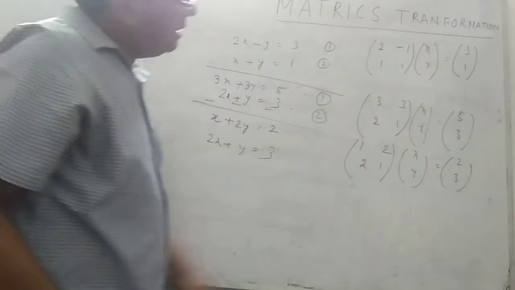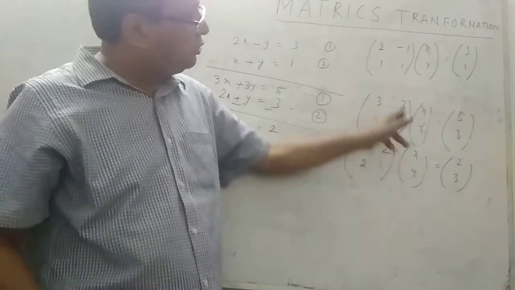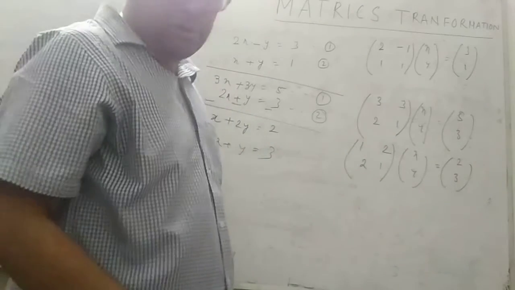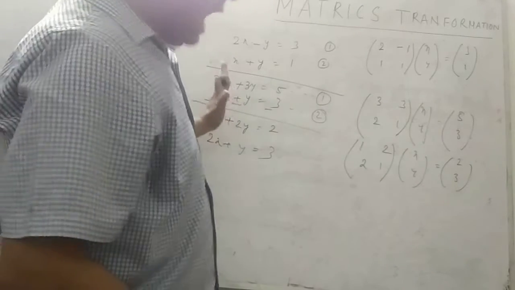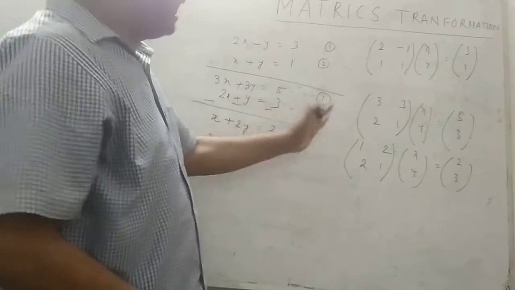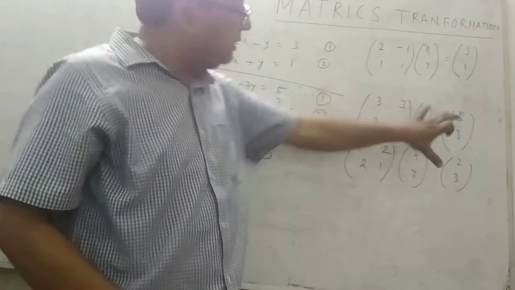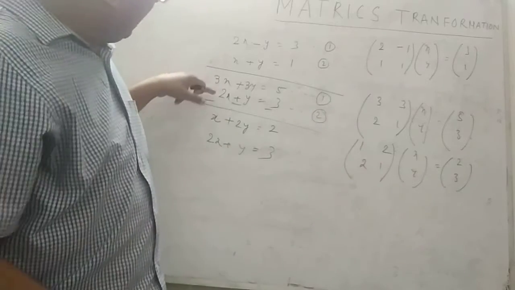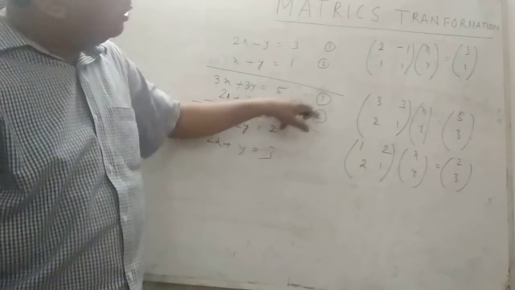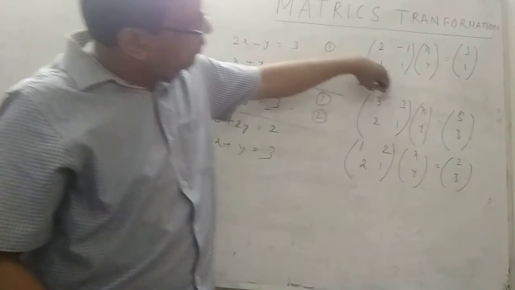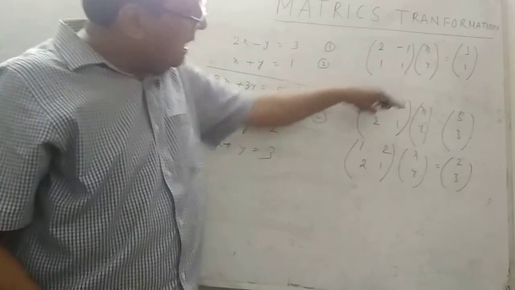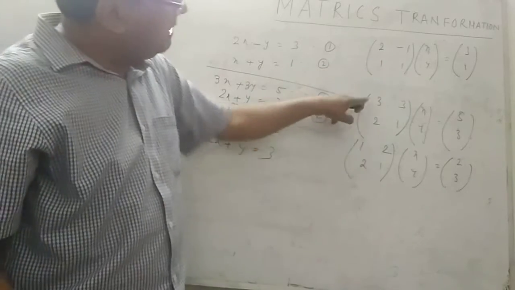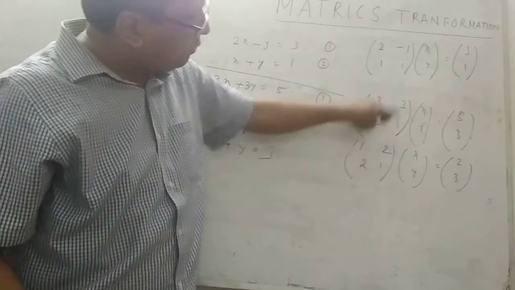Now let us understand what is the difference between these two expressions of equations. Here you see I have directly changed; this is a matrix transformation from these equations. Over here I subtracted equation 2 from 1. So here also from row 1, if I subtract in this row 1, 3 minus 2, 1, 3 minus 1, 2.